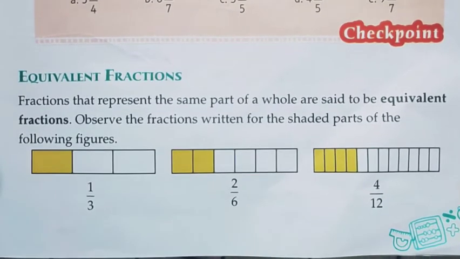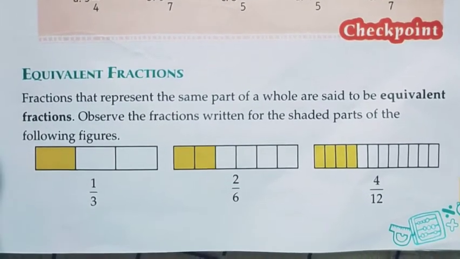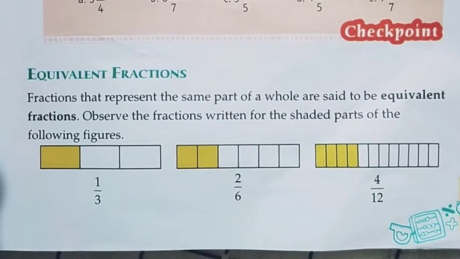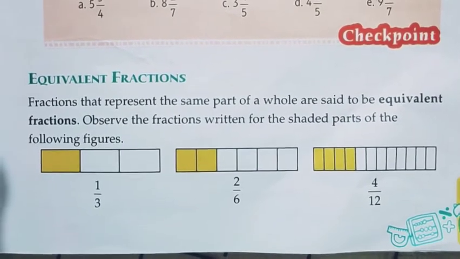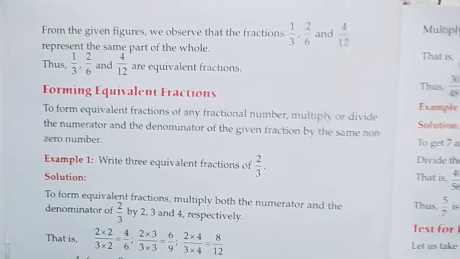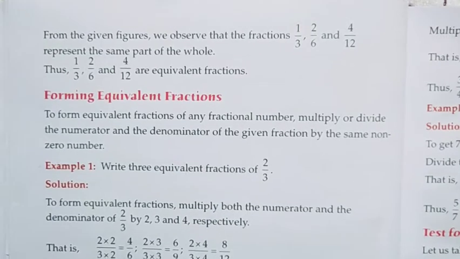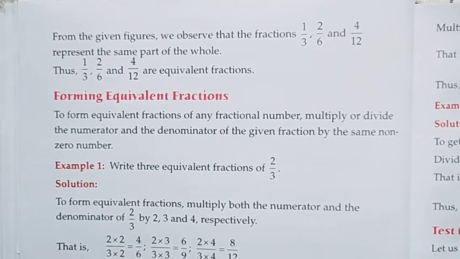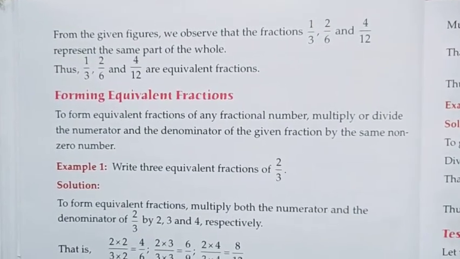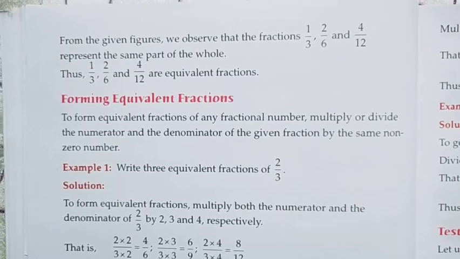In the third object, 4 parts are shaded out of 12 parts. From the given figures, we observe that the fractions 1/3, 2/6 and 4/12 represent the same part of the whole. Thus, 1/3, 2/6 and 4/12 are equivalent fractions.